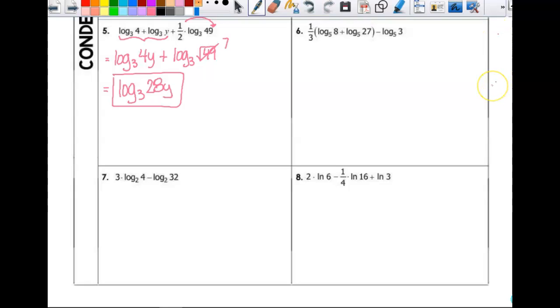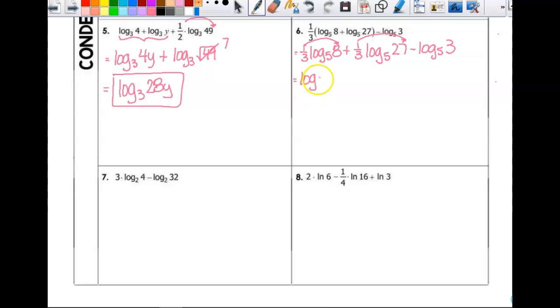So instead, we're going to go ahead and distribute this 1/3. This is going to give me 1/3 times log base 5 of 8 plus 1/3 times log base 5 of 27 minus log base 5 of 3. Okay. So now that 1/3 is going to become an exponent on each one of those.